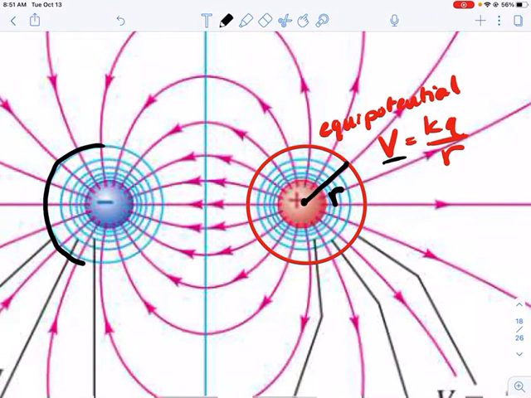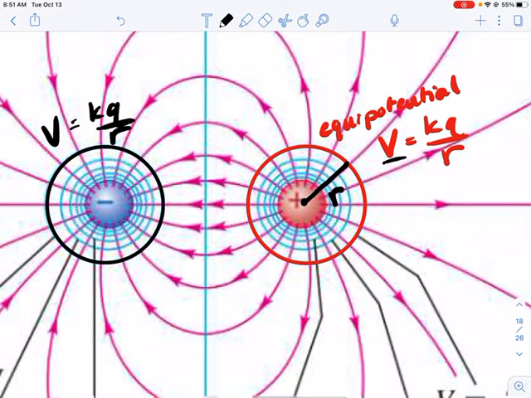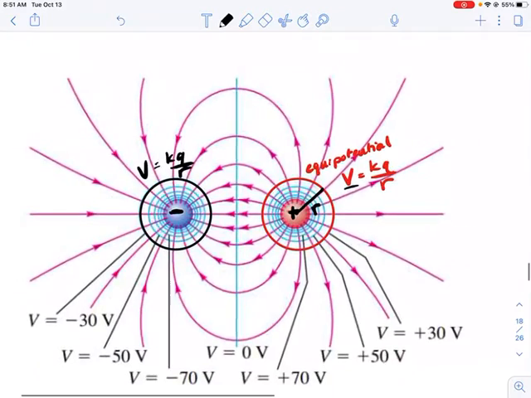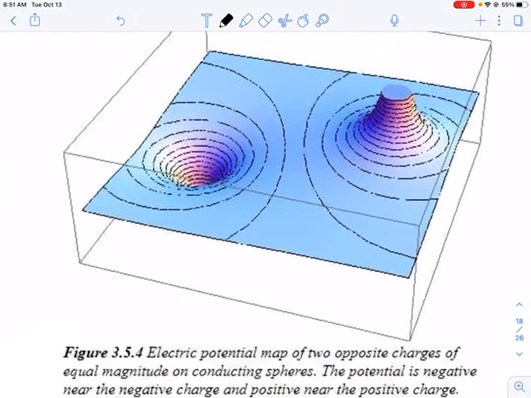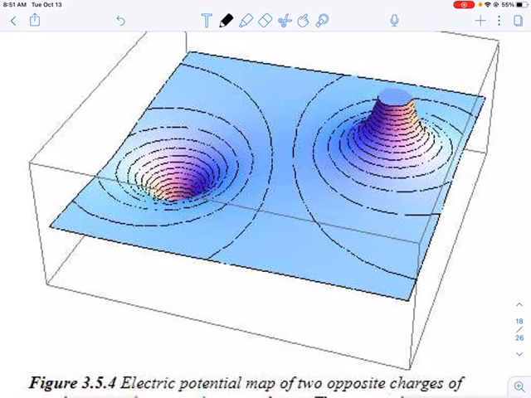I could do the same thing over here on the negative one. I would get negative values if I plugged into this formula. So the potential on the right side is positive and the potential on the left side is negative. Now, if I were going to represent that with a topographic map, it would look like this.